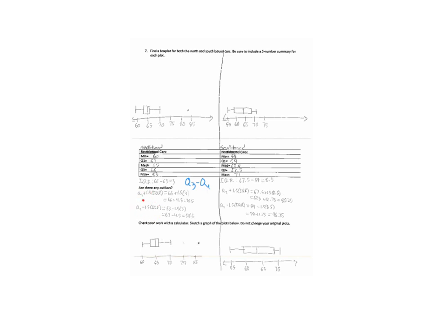Then our outliers below, that would be anything happening below that bottom whisker. We take Q1, 63, and we subtract 1.5 times our IQR, and we get 58.5. And we didn't have any data values below that, so we don't have any outliers. Repeat the process over here, only using these numbers.